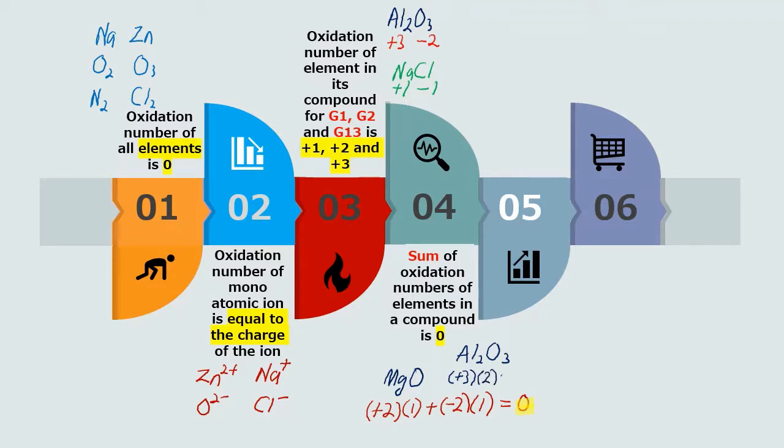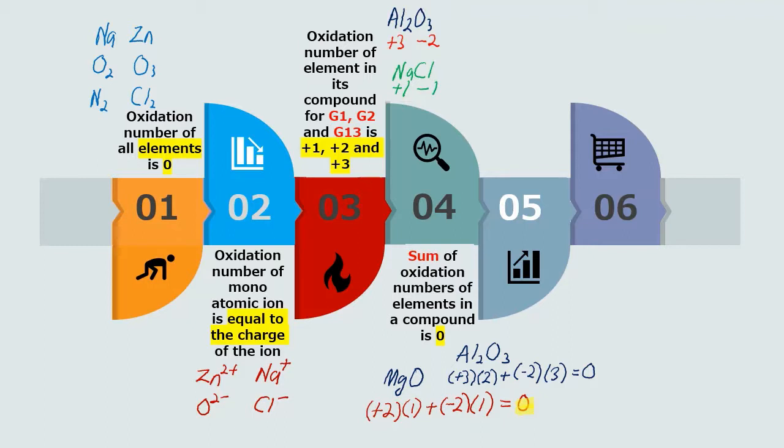Total it with the oxidation number of oxygen, negative 2. How many oxygen in the compound? 3. So the total of the oxidation number must be 0 because the compound is a neutral compound.